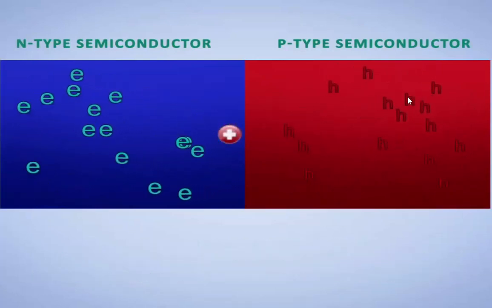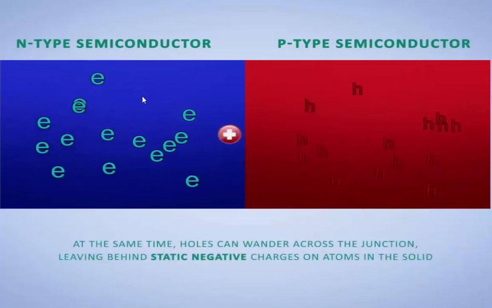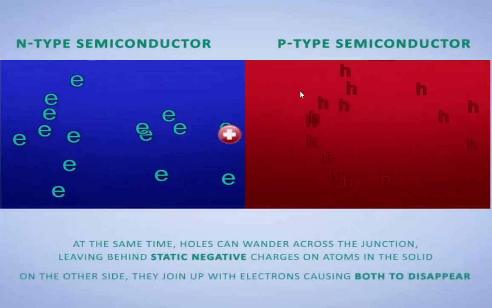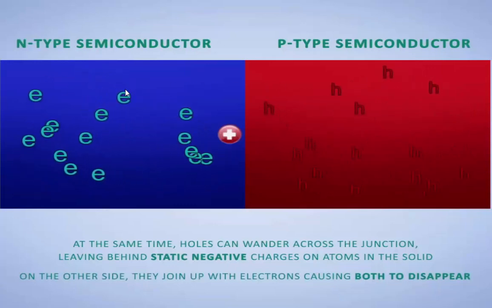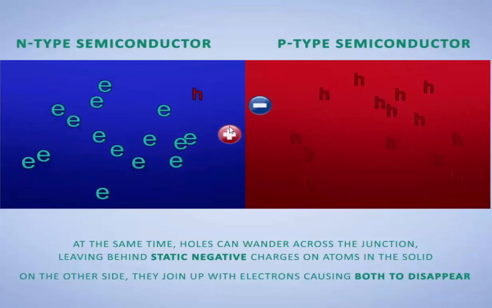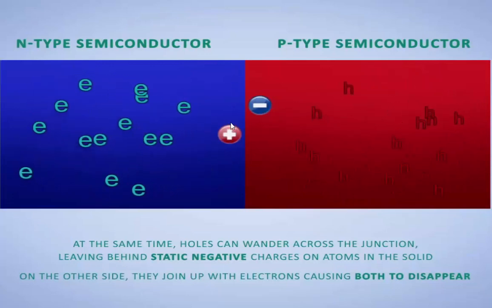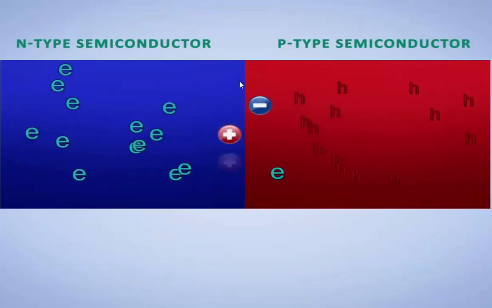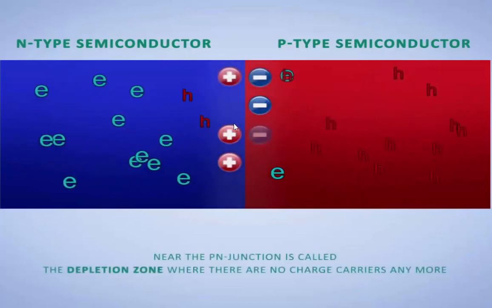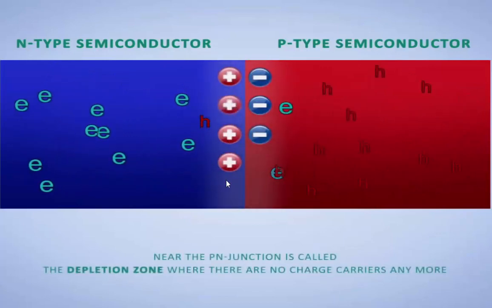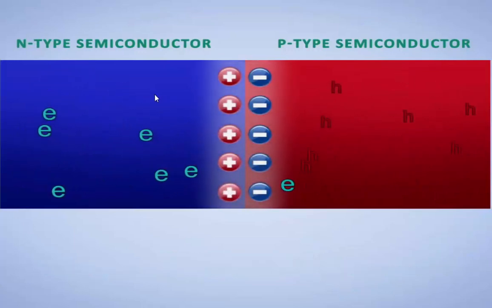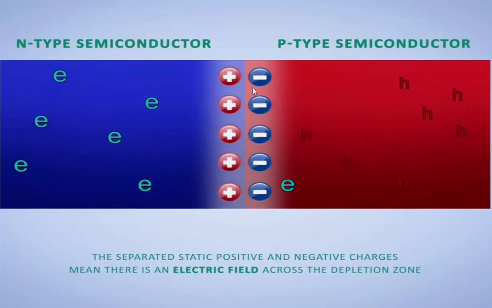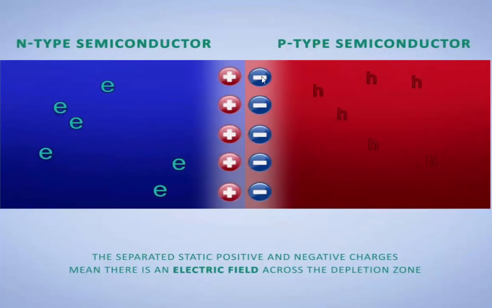So the hole will move towards the electron side. The positively charged hole moves to the negatively charged electron, which are called mobile charges, stored here at the junction. It contains more positively charged holes, and electrons start moving from the n-type to the p-type, producing more negatively charged electrons.